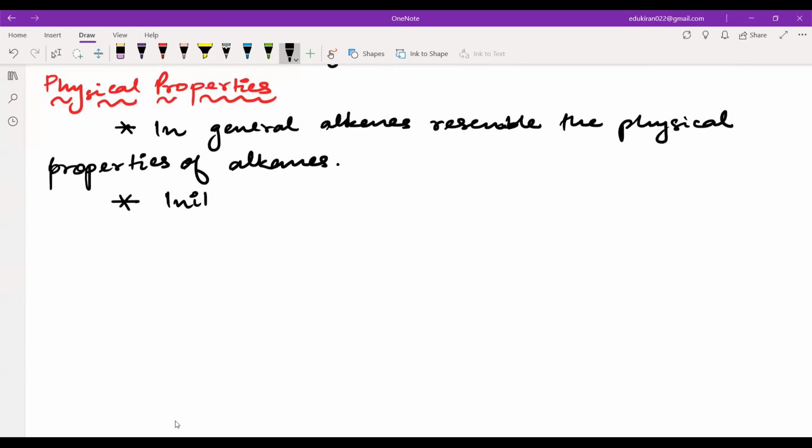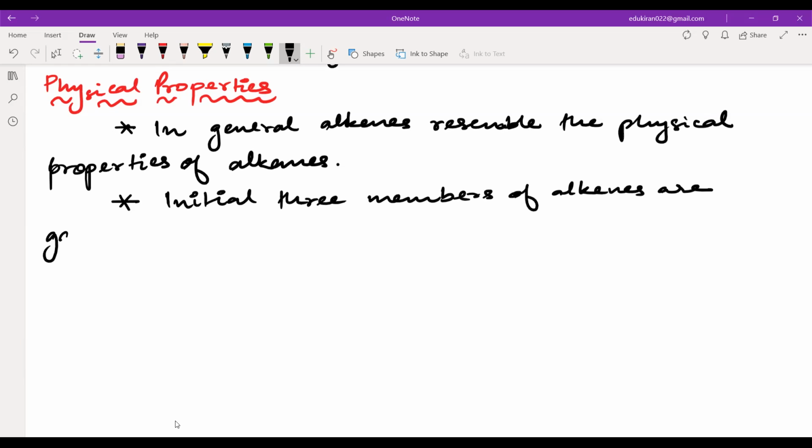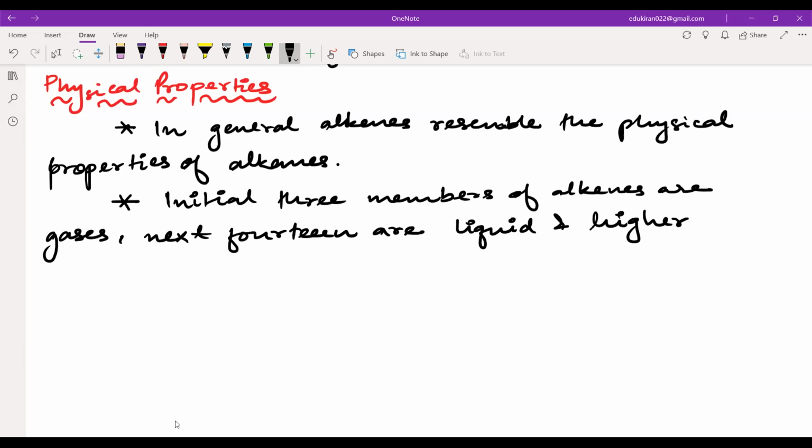The initial three members of alkenes, they are gases. Next 14 are liquid, and higher alkenes are solid. Higher alkenes are solid.